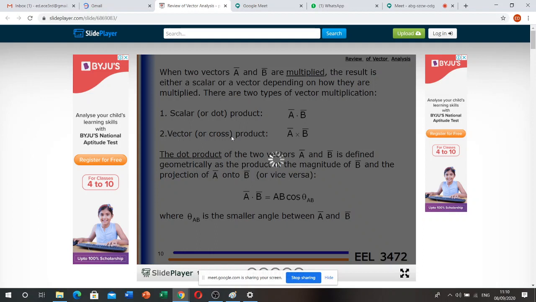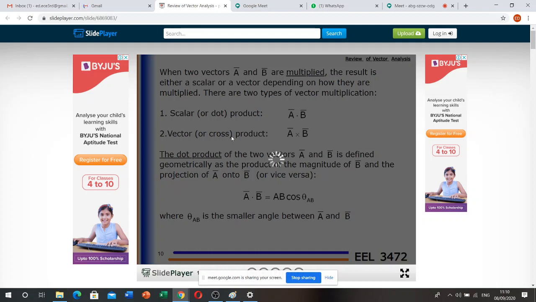So now a vector cross b vector is there. In this case, a vector is in one direction, b vector is in another direction. Now what will be the output? C vector. C vector is equal to a vector cross b vector. Now what is important here is the direction of C vector.